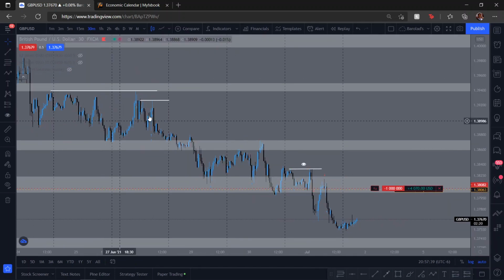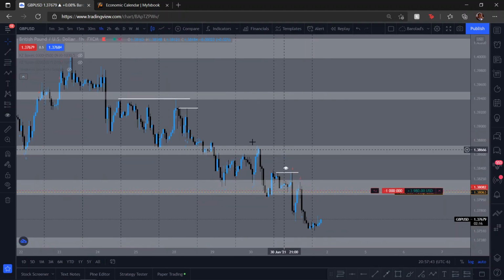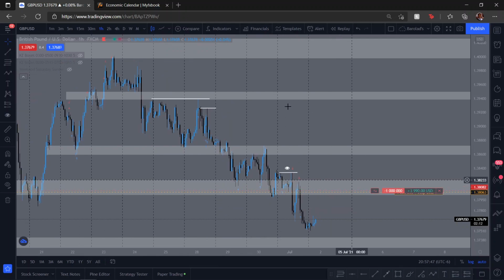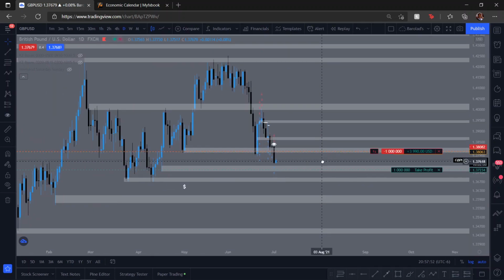So all of this move down could just be one to entice people to keep going short. Remember, who are the people in the most profit in this market right now? It's definitely the people who are holding short. So while GBPUSD, I'm still overall very bearish on the larger time frames, as you can see with this big daily push up.